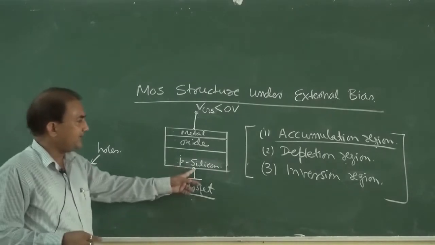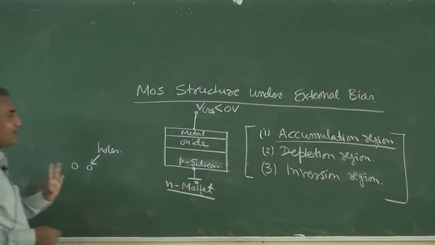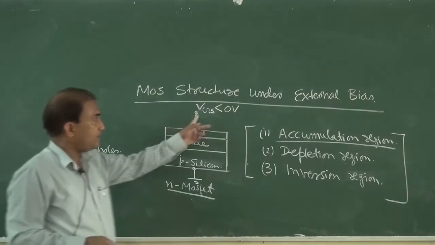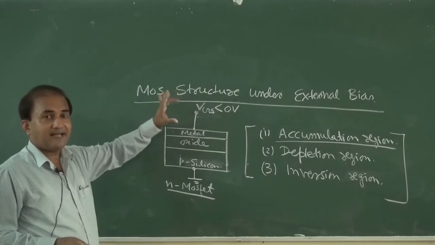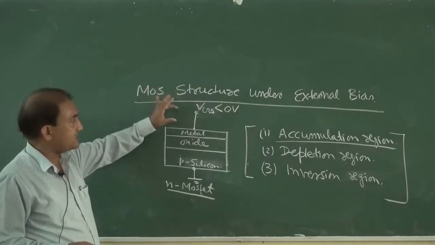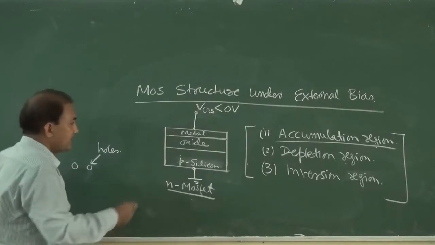We are grounding this substrate terminal. Now what will happen if VGS is less than 0 volt? If we are applying a negative gate voltage to the gate terminal, then what will happen?